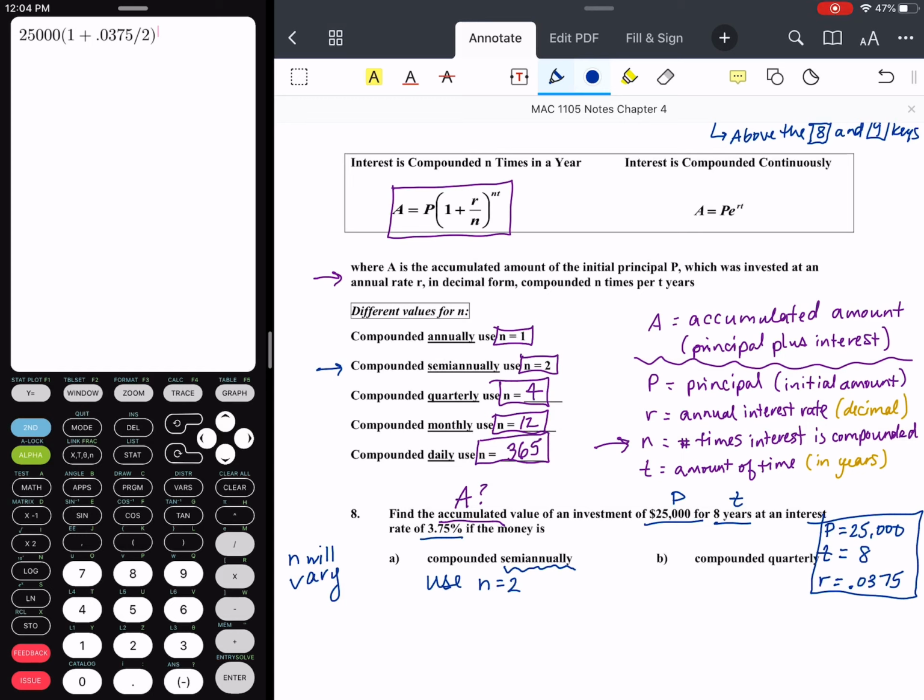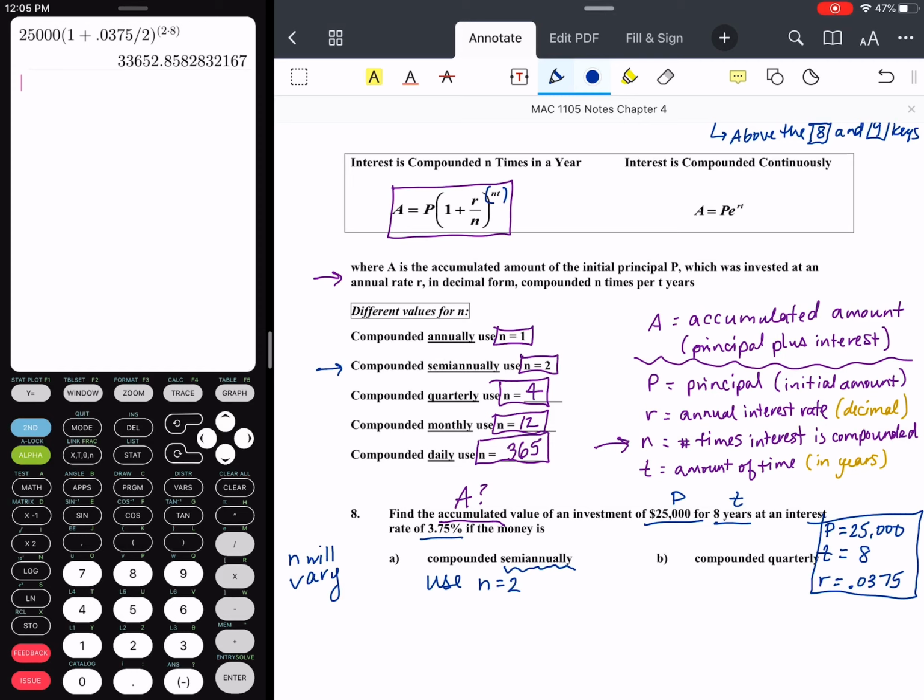In my calculator, this is all going to stay in the exponent, but when in doubt, use your parentheses. So we can put parentheses around the exponent. n times t, n is 2 times 8 for t. Close your parentheses. All right, so when in doubt, you can put parentheses around that exponent.